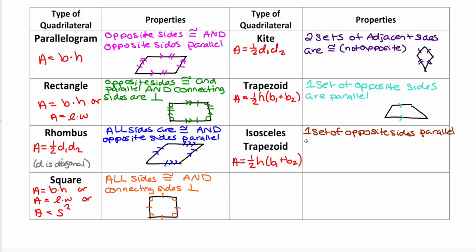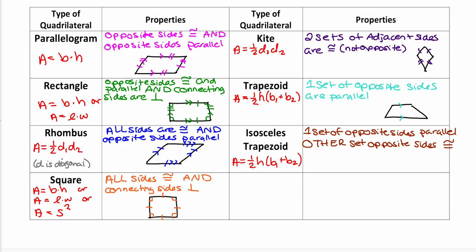But then the other set of opposite sides will be, as isosceles, those will be congruent.